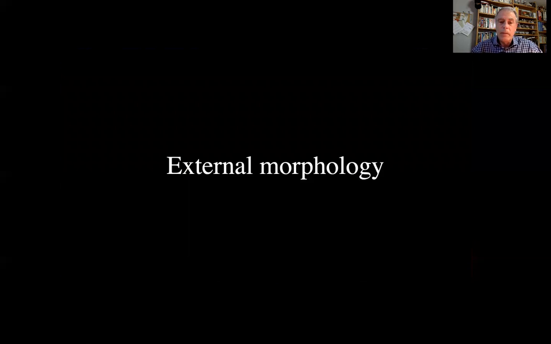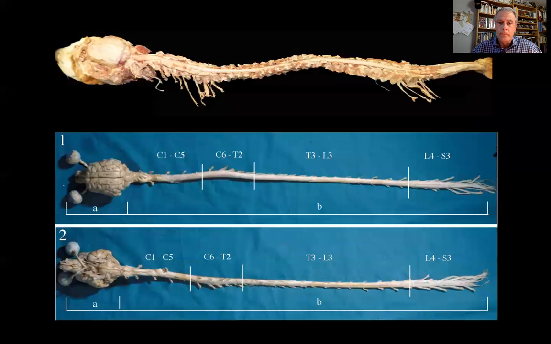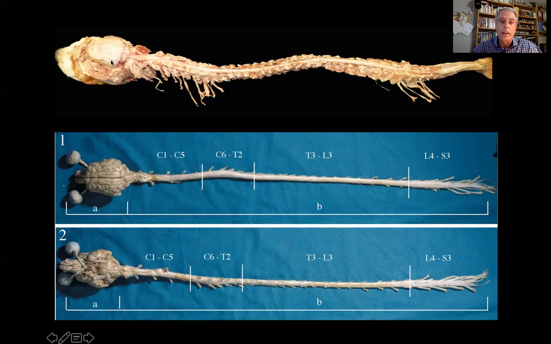The external morphology. On the superior image, you have a craniotomy, a dorsal craniotomy, and a dorsal laminectomy, where you can identify the encephalon inside the cranial cavity and the spinal cord located in the vertebral canal.